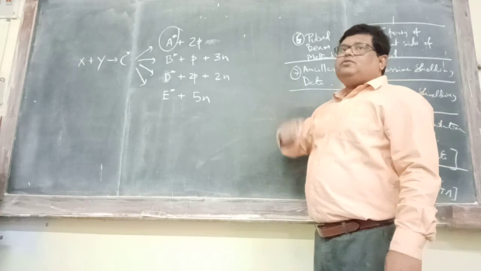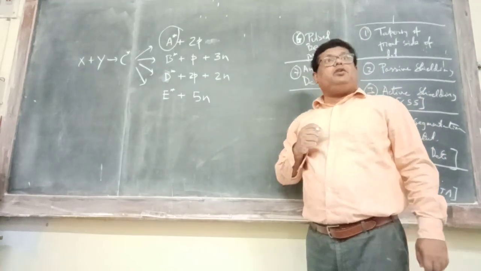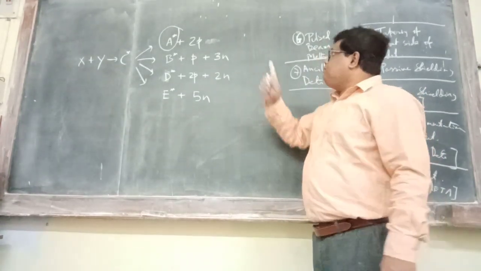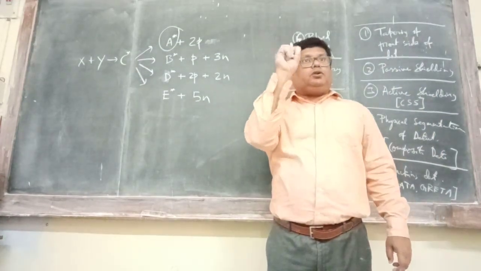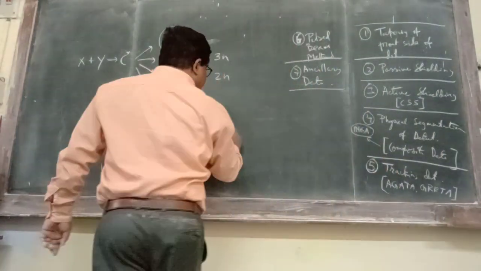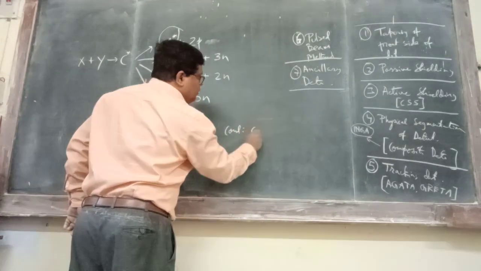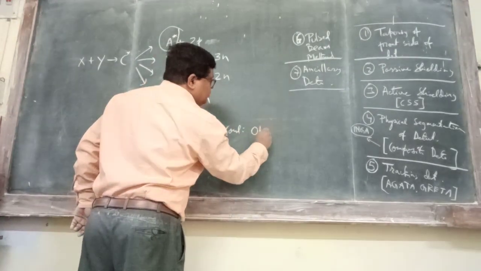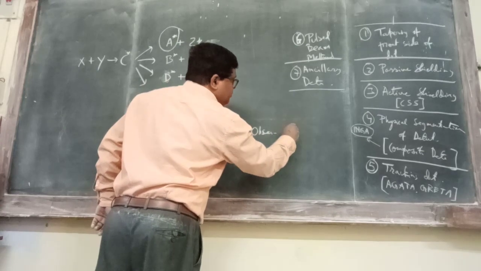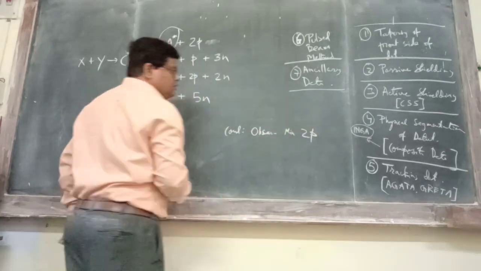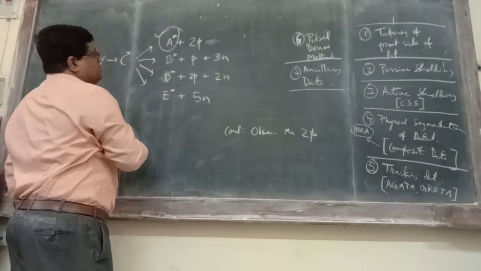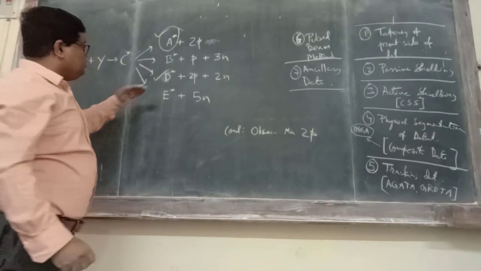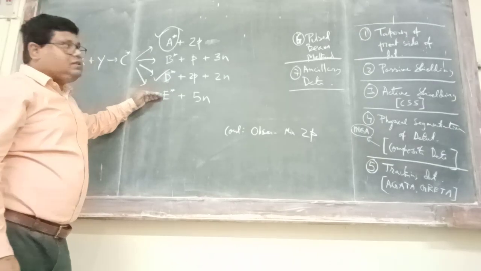Now, if we use a charged particle and a neutron detector as well, and we put a condition that we must observe minimum 2 protons, then we will observe this case and we will observe this case. So, will we observe this case as well?